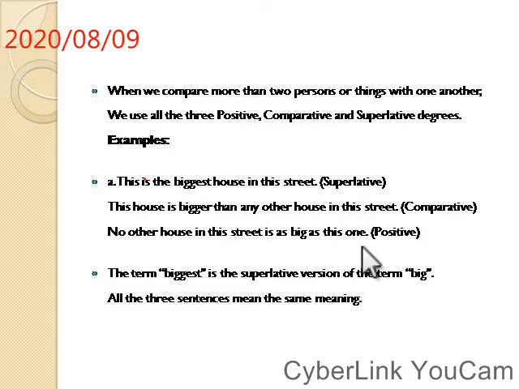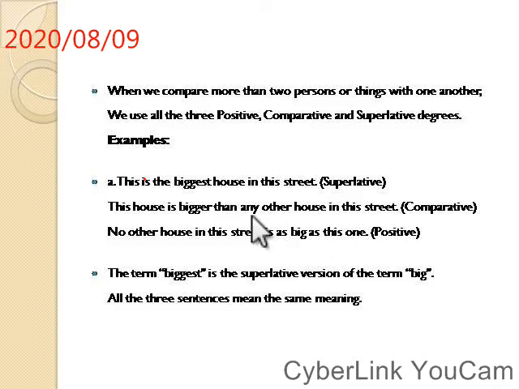So now observe the sentences carefully. First we will begin from positive degree. No other house in the street is as big as this one. This house is bigger than any other.